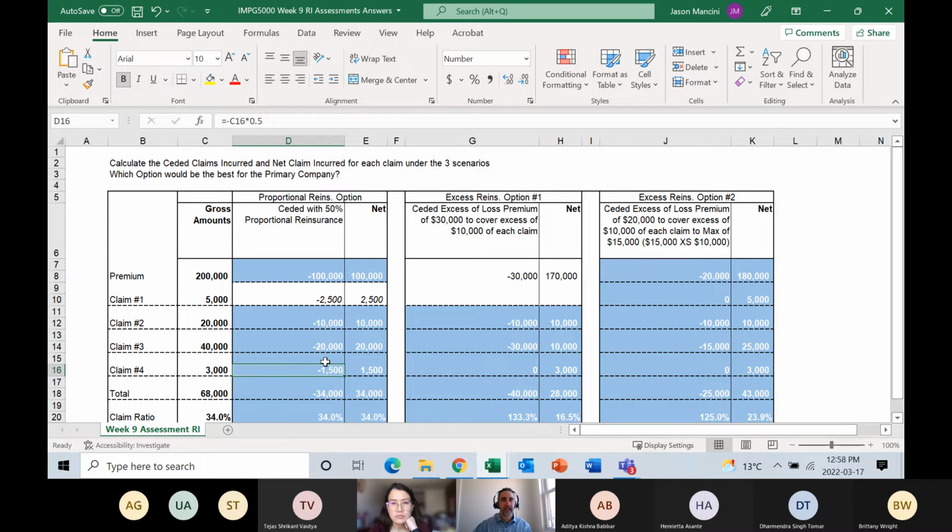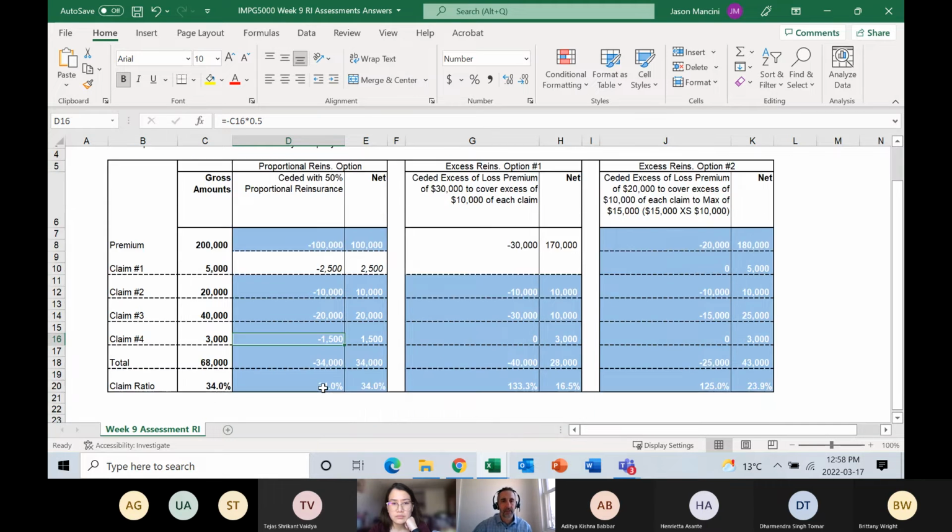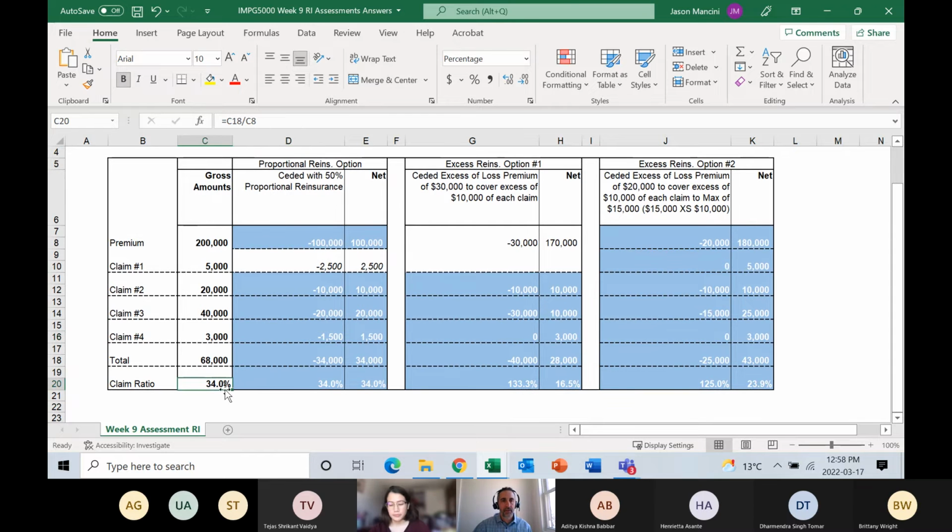The check in this case that you've got all the math right for premiums and the claims, you'll notice that the loss ratio for the gross amount is 34, we're ceding out 34, and our net is 34. Remember we talked about in a proportional reinsurance scenario, you're going to be sharing the loss ratio. You're not changing your loss ratio with proportional reinsurance.